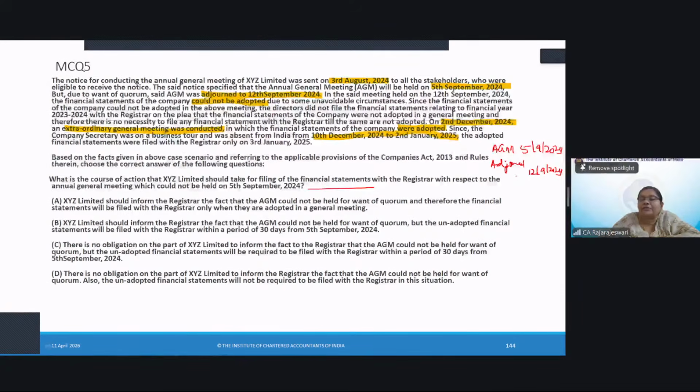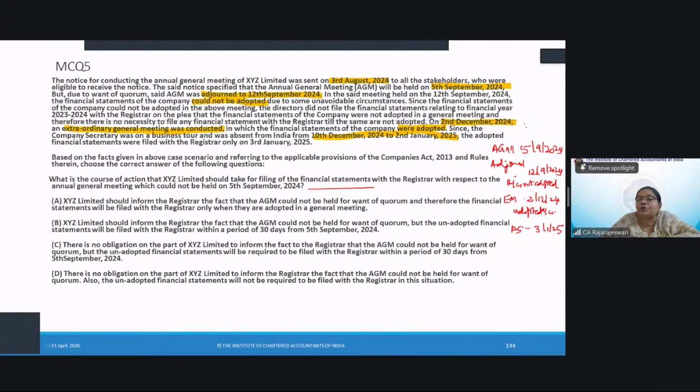Even on that adjourned meeting, the accounts were not adopted. Then there was an EGM on 2nd December 2024, wherein they adopted the accounts. And the financial statements were filed only on 3rd January 2025. That is the data which you should remember.